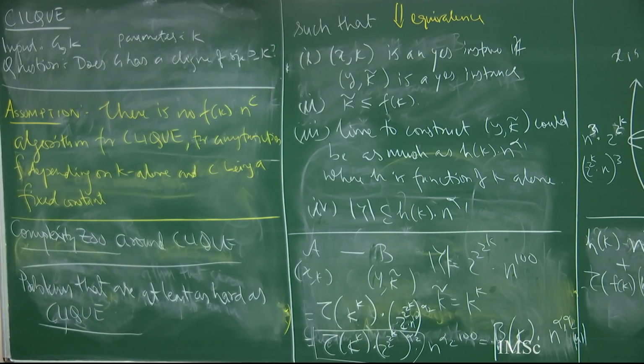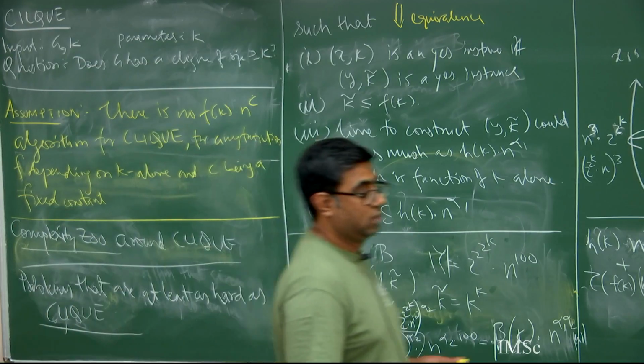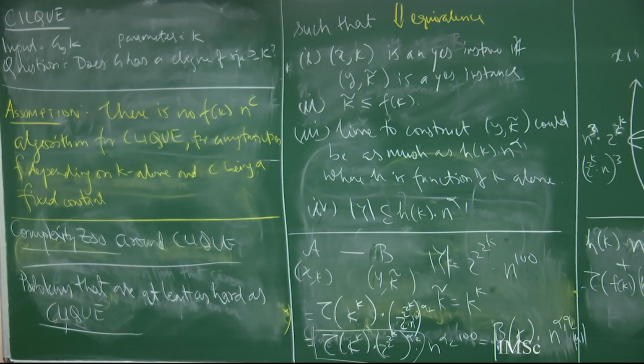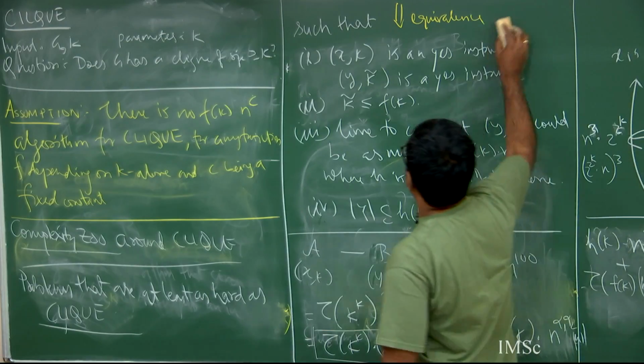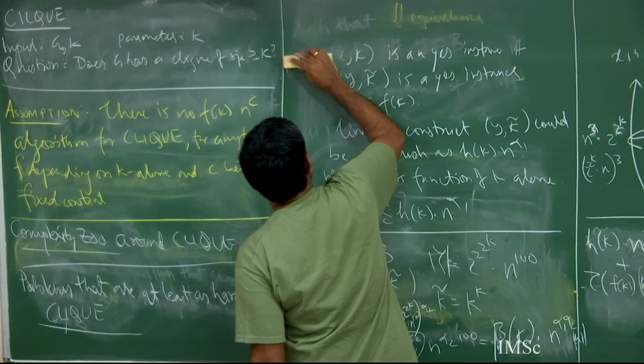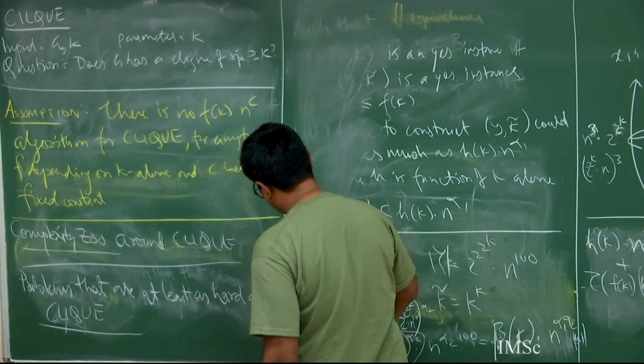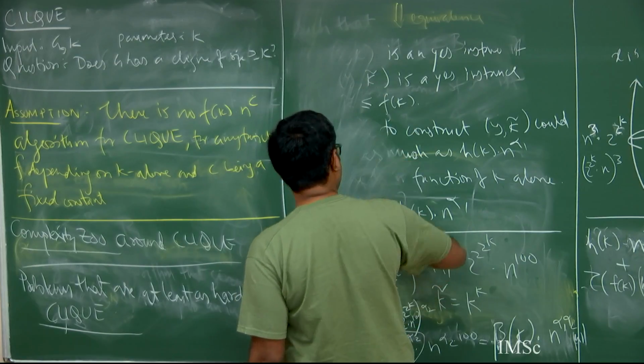That means I have to start from clique and give a reduction to the problem of our liking. So the first problem we would like to show is... okay. Can you tell me one problem which we already have seen, which is as hard as clique?